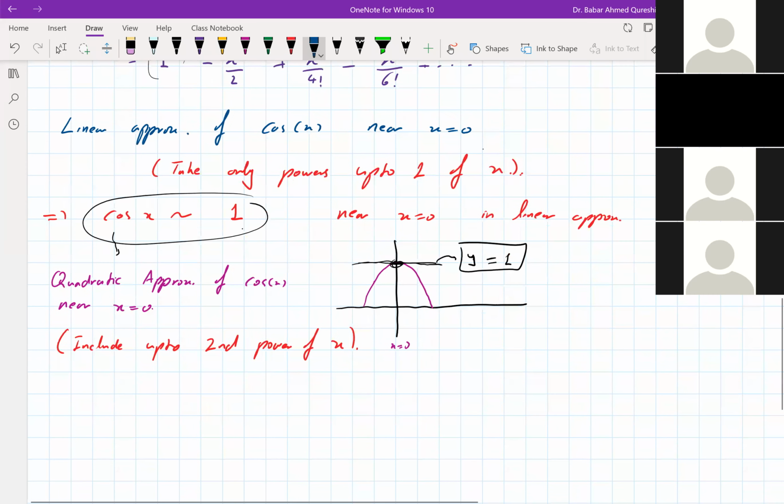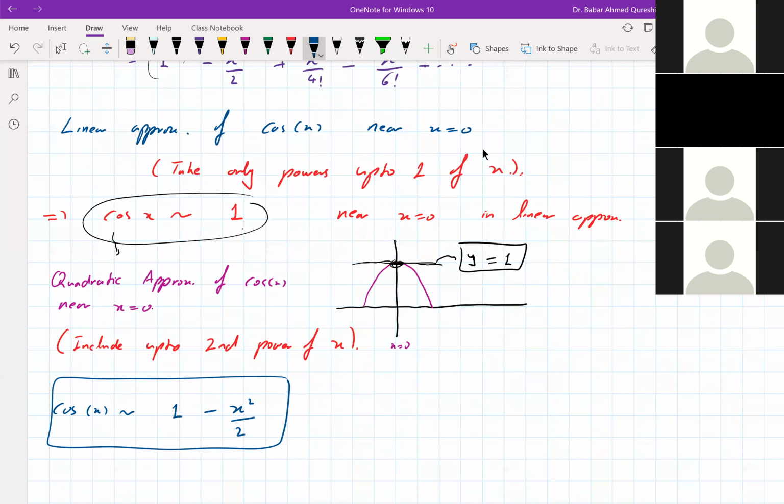So that means that cosine of x is 1 minus x squared over 2. That's the quadratic approximation. But this is only near x is equal to 0.